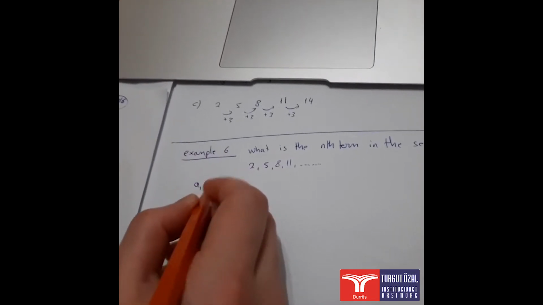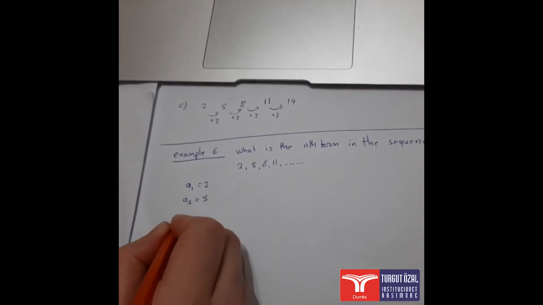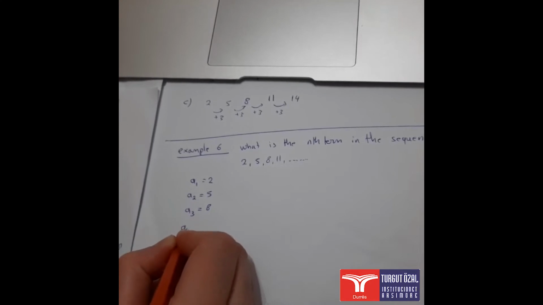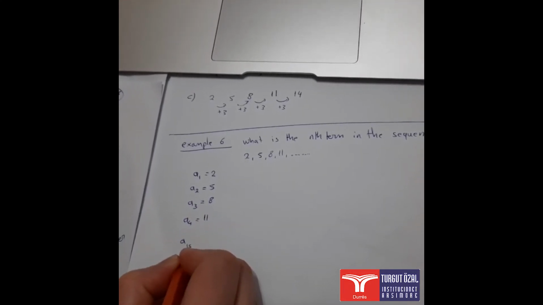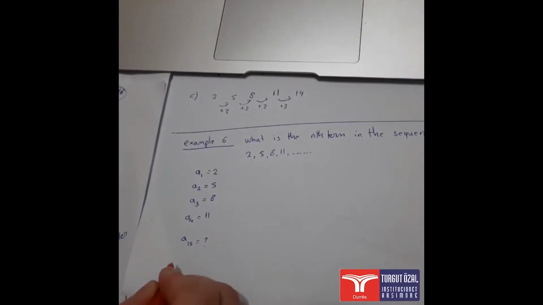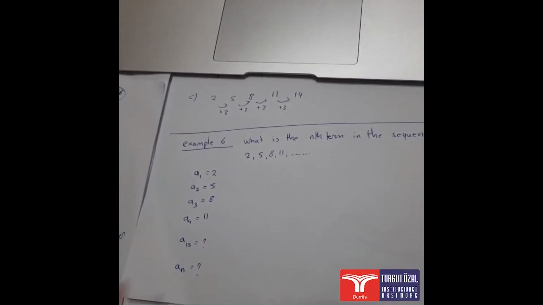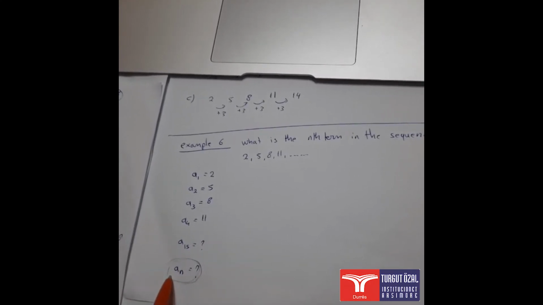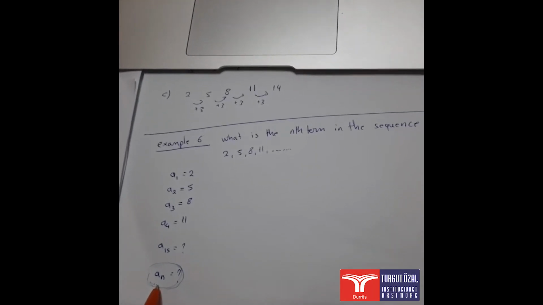It means the first term is 2, the second term is 5, the third term is 8, the fourth term is 11, the 50th term will be something else. So to find the nth term means to find an, or the general rule for finding the terms in this sequence.